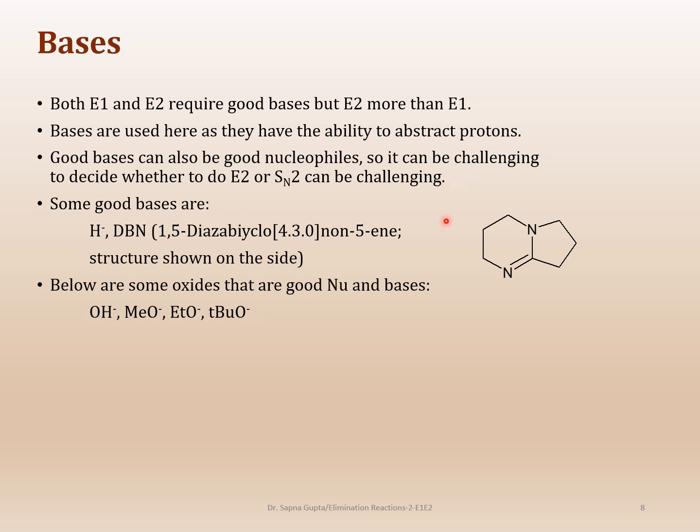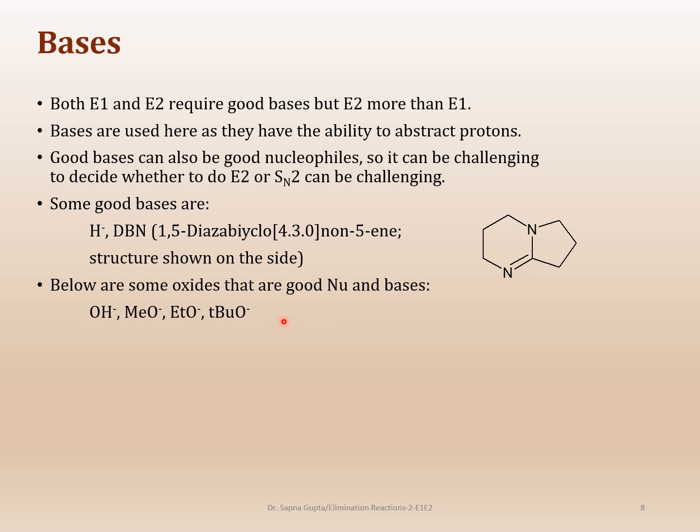So what are some good bases? A good base is one that does not attack the electrophile. It's going to pick up a proton. Now, some of these bases that I've written over here, like hydroxide, methoxide, ethoxide, are also good nucleophiles. Which means it's going to be a challenge for us to figure out whether we are doing substitution or elimination.